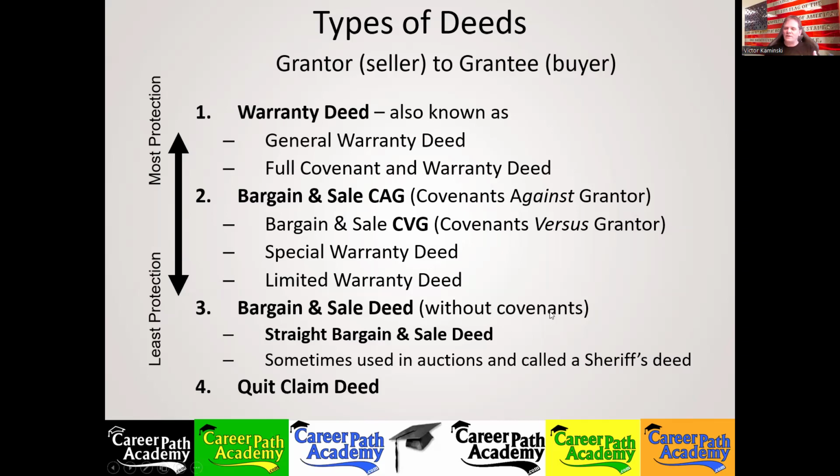There are no other legal promises we're making pertaining to the quality of the title other than we have the right to sell it. Because at a sheriff's auction, you could buy a property and there's still a tax lien on it. That's why you have to do your due diligence before you ever buy the property.